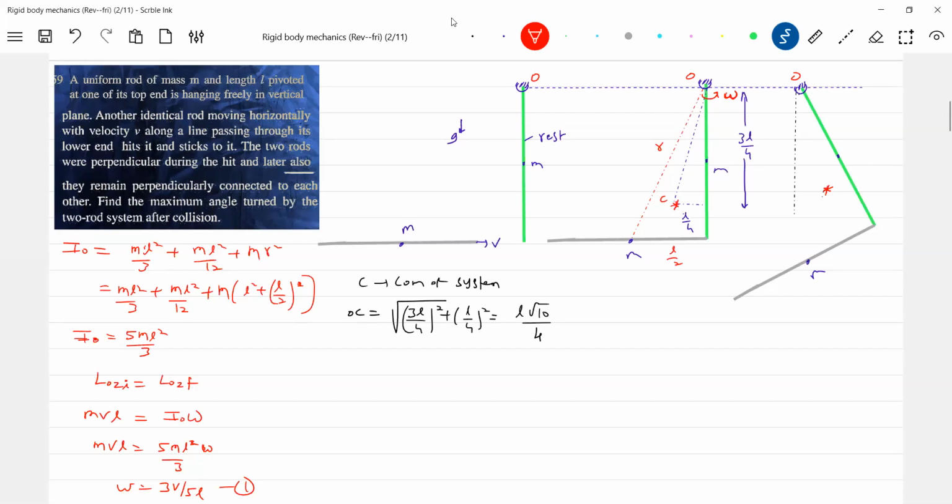Center of mass, I'll show by this one reference line which we are going to draw.